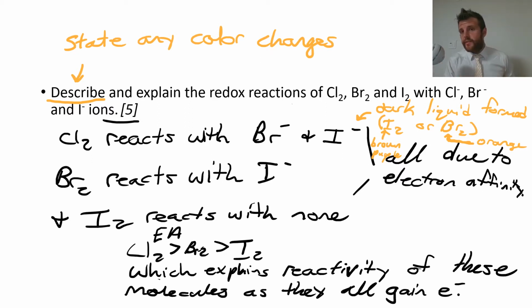Maybe they want us to say the reverse. So Cl minus does not get oxidized by any of the following, Cl2, Br2, or I2. But I think this is okay. Sorry, I never had to take IB diploma chemistry, and I'm still new to it, so I don't have all of the mark schemes memorized yet.